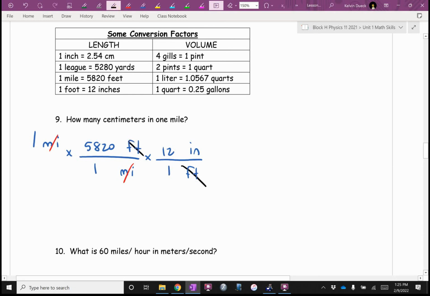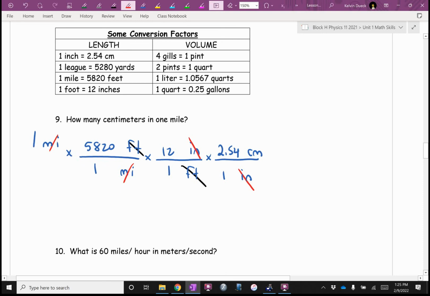And what can I change inches into? Now I'm home free. So I can go inches on the bottom, centimeters on top, and 1 inch is 2.54. My units all canceled. I got centimeters, which is what I wanted.